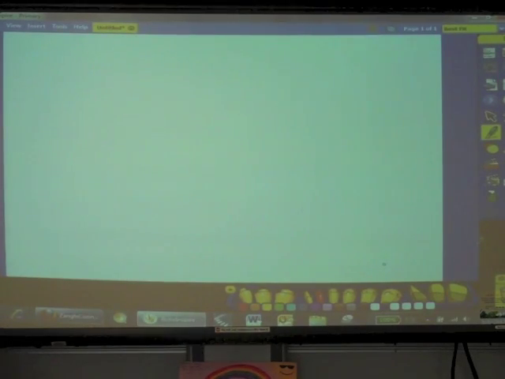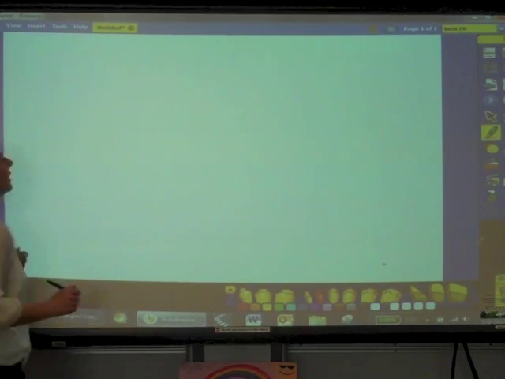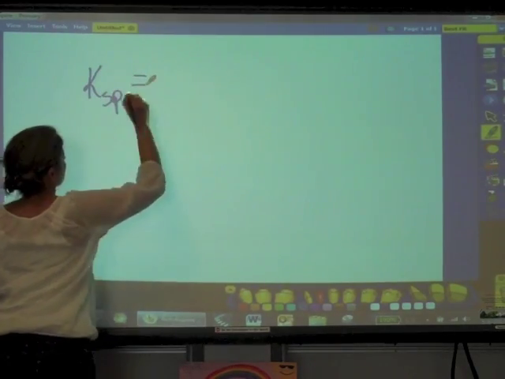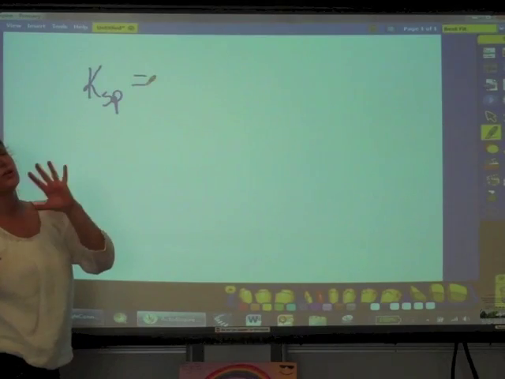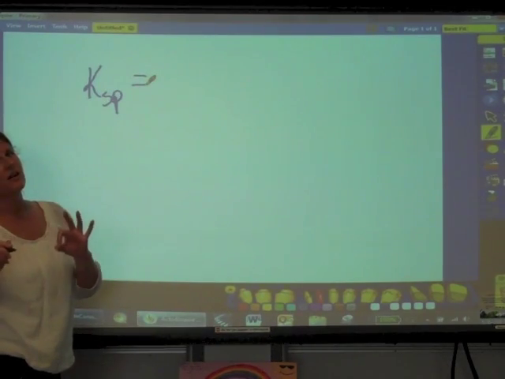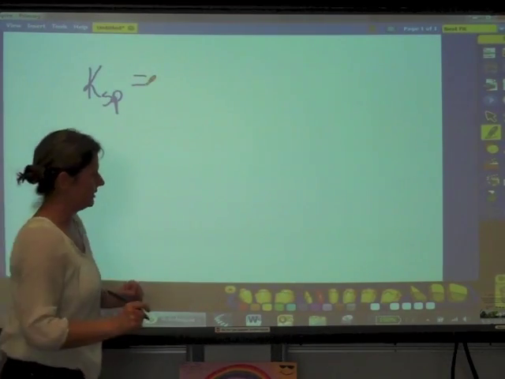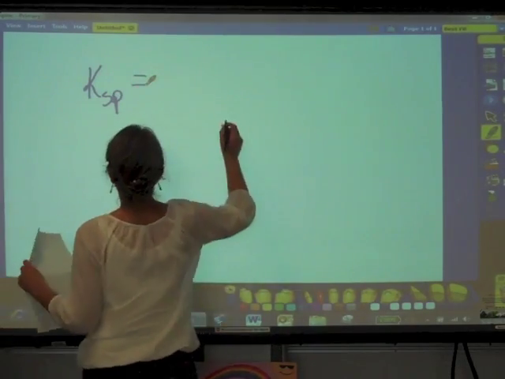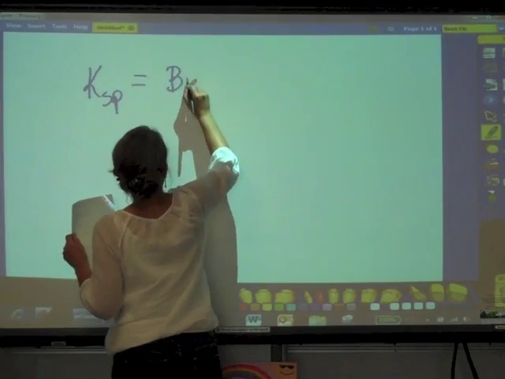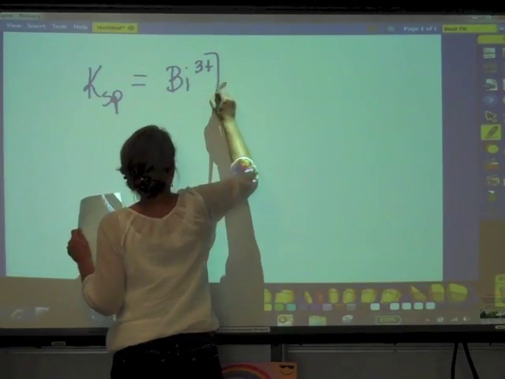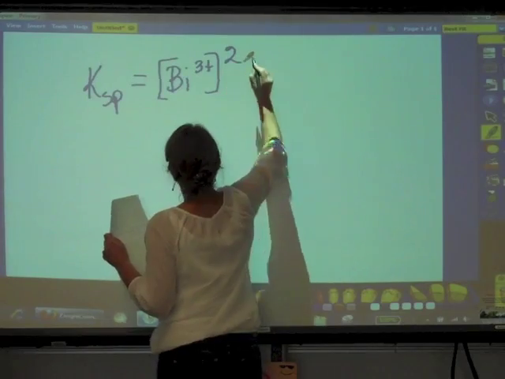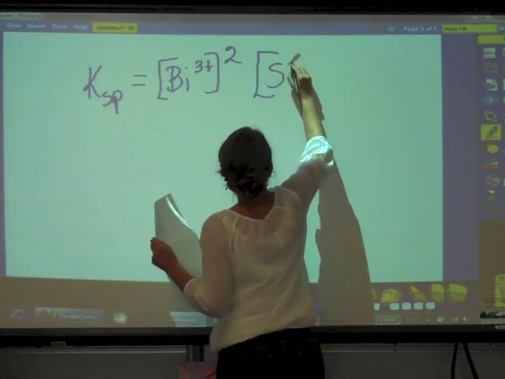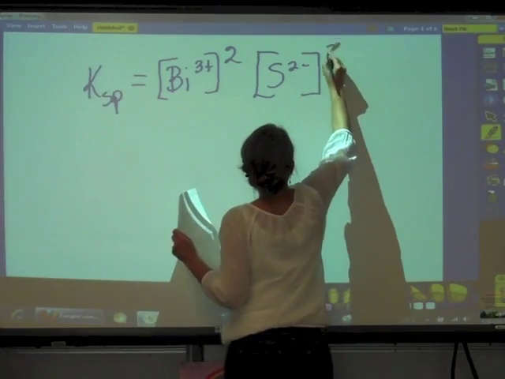So we are going to have Ksp equal to, now once again, let's write this thing so that we don't have any kind of confusion. So it's going to be, once again, [Bi] squared [S] cubed.